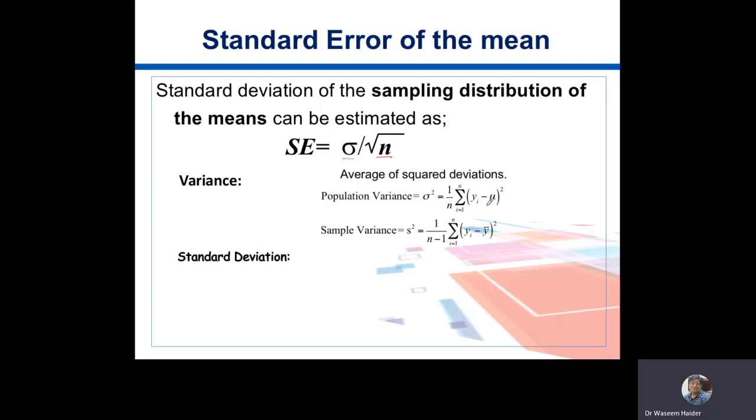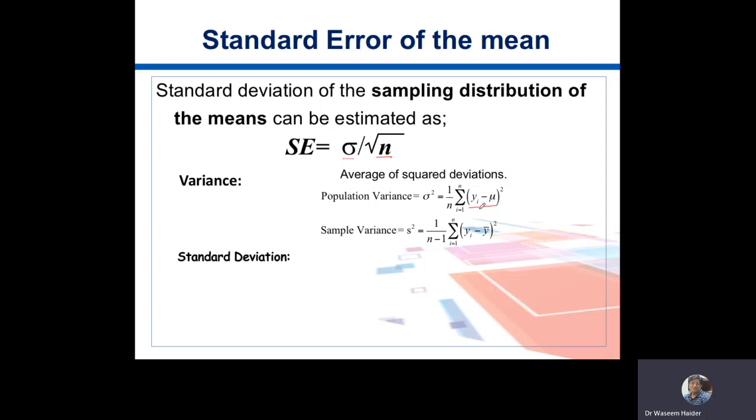If you look into its equation, here are your deviations from the mean. So y i can be any observation. For each observation, we calculate its deviation from the mean. And since the sum of those deviations equals 0, we need to square them.